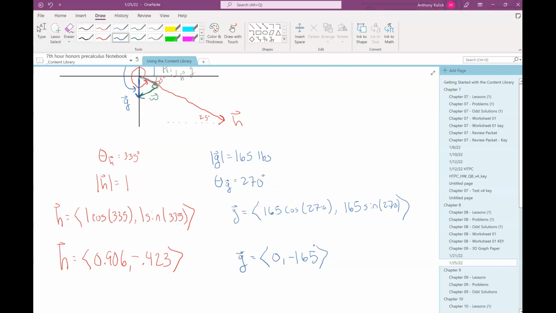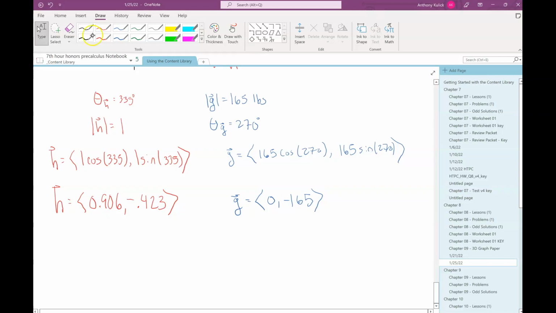Since we knew the magnitude of the vector was 165 and it was pointing straight down, you probably could have come up with 0, -165 on your own, but doing what we did formula-wise is perfectly fine also. Either way of doing it is okay. Okay. So now what I care about is the force that's going down the hill. So I care about the projection of that gravity vector onto the hill.